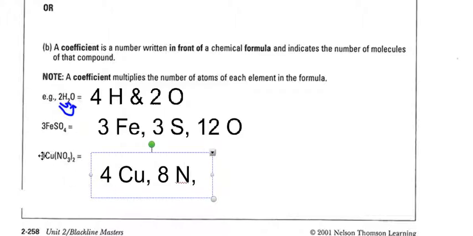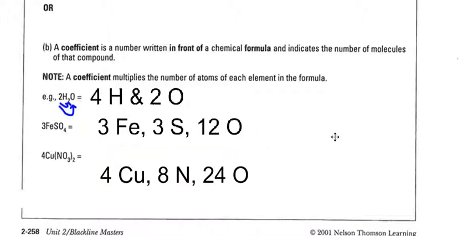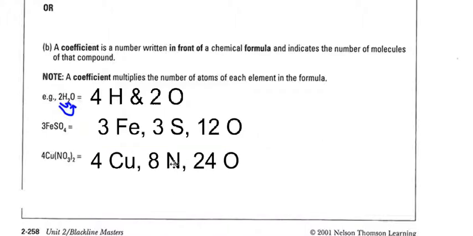And lastly, if I just cover up this 4 for a second, 2 sets of 3 oxygens, so 2 times 3, or 3 plus 3, 6 oxygens, but I have 4 groups of them in total, 4 compounds, so 6 oxygens times 4, 24 oxygens in total. Okay, so some of those are a little tricky, especially this last one, but try to work inside it, cover up the coefficient first, figure out how many of each you have, and then apply that coefficient.